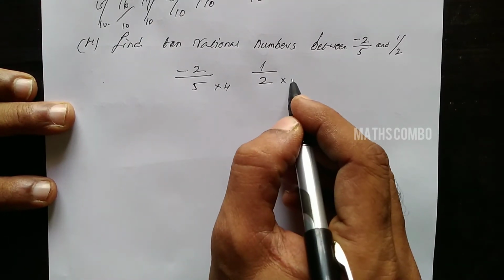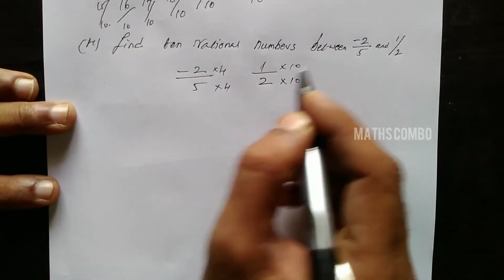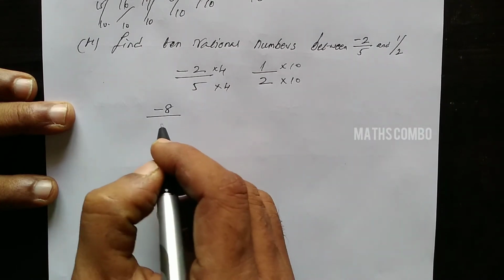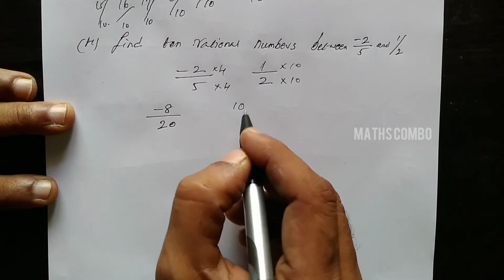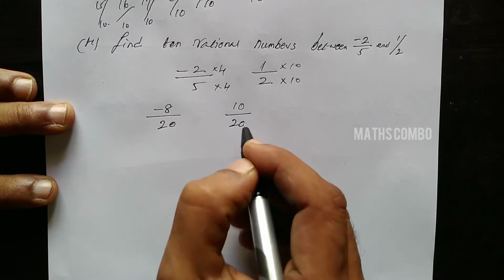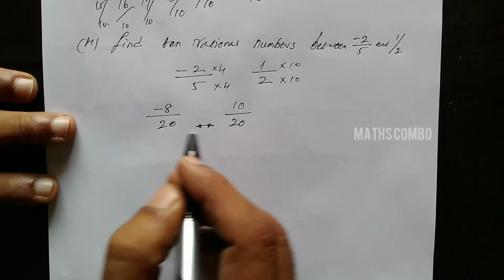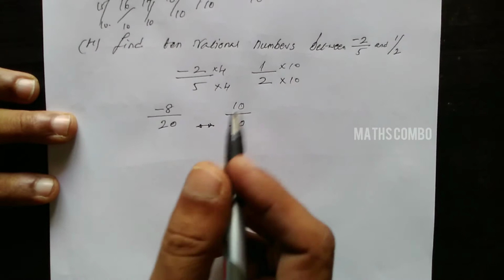Here I multiply by 10. So this fraction becomes minus 8 by 20, and it becomes 10 by 20. Now the denominators are equalized. All the numbers in between these two fractions are the answer.